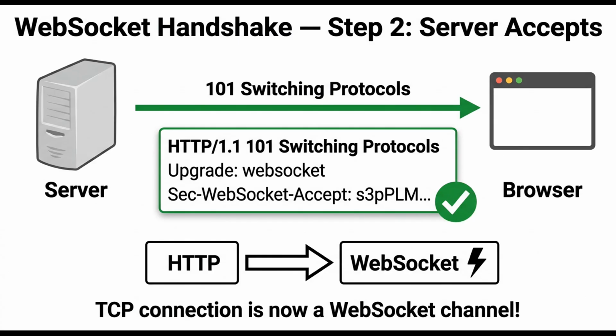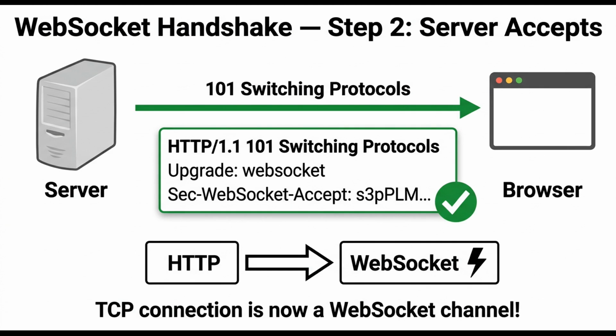Now, what does the server do? If the server supports WebSockets, it sends back an HTTP 101 response. 101 means switching protocols. The response includes Upgrade: WebSocket, confirming the upgrade, and a Sec-WebSocket-Accept header, which is a hash of the key the client sent, combined with a special magic string.